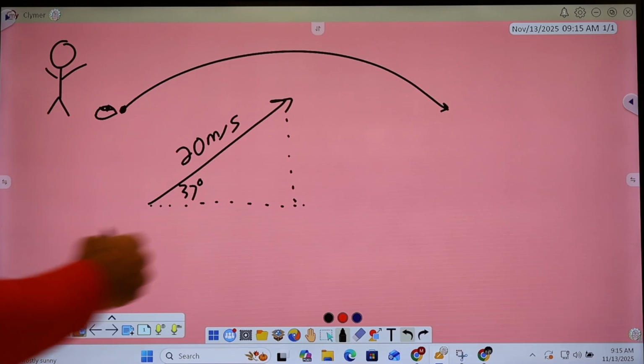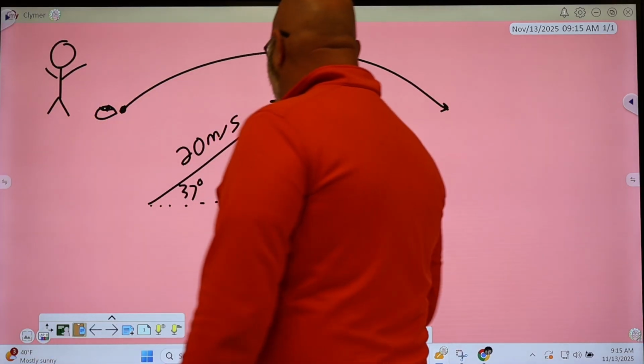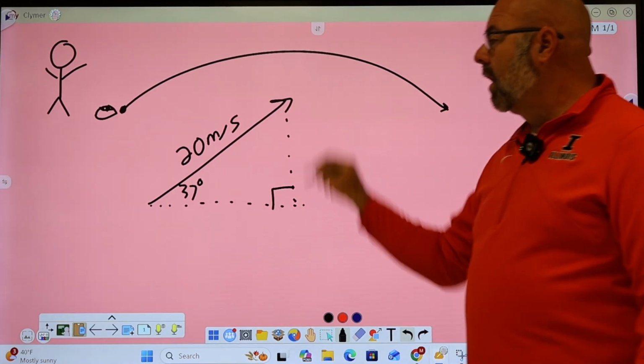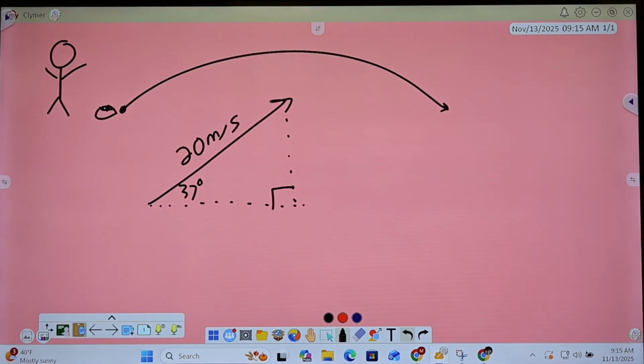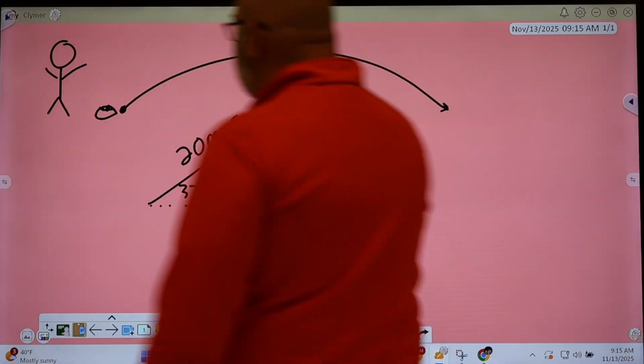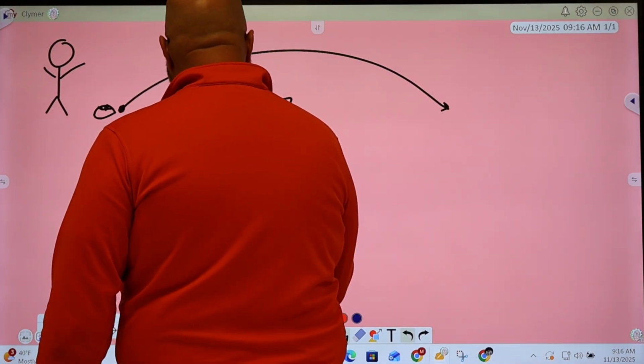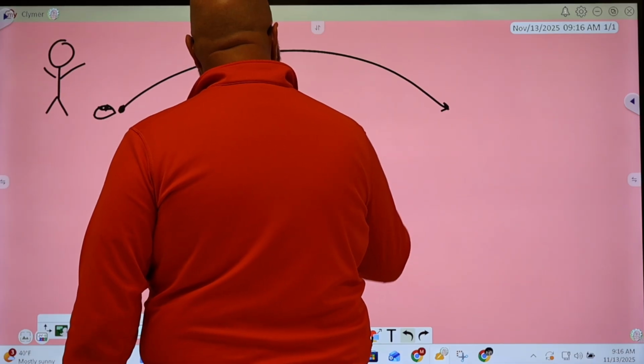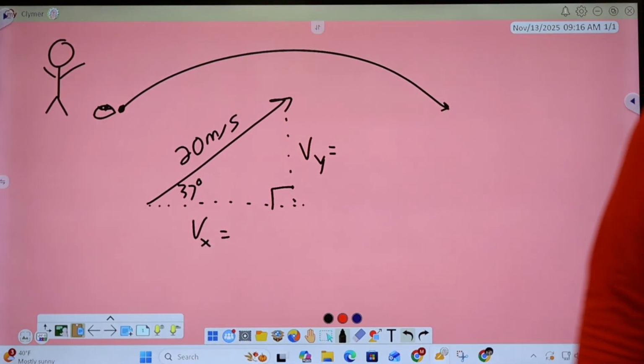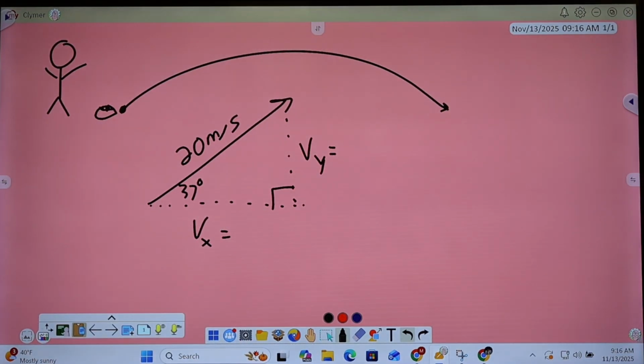If we use the horizon and the vertical as perpendicular measurements, we can turn this into this, which now allows us to use trig, SOHCAHTOA. So we have some total velocity in some direction. Let's break that into velocity in the x direction and velocity in the y direction. So using your SOHCAHTOA in your notes, solve out this triangle.